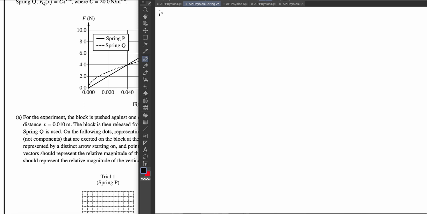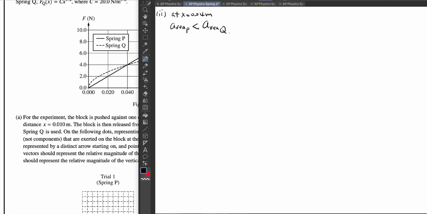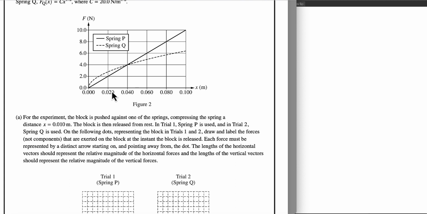For the second question of part B, at x equals 0.04, the area of P is less than the area of Q, and that is also true for all the x positions less than 0.04.